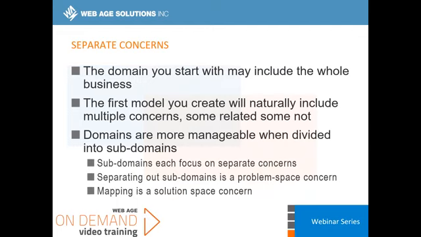So we'll work on the relationships and the dependencies amongst those as we work into the solution space, and we won't worry about that as a problem space concern.